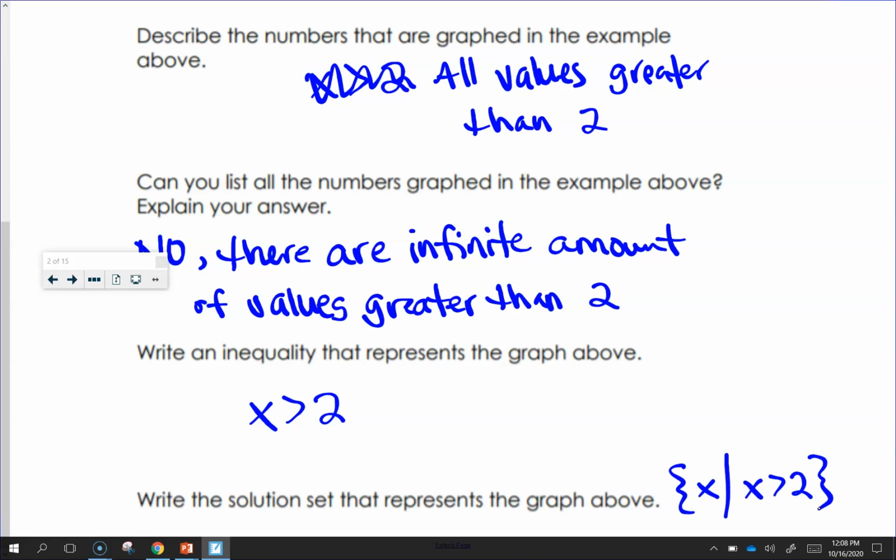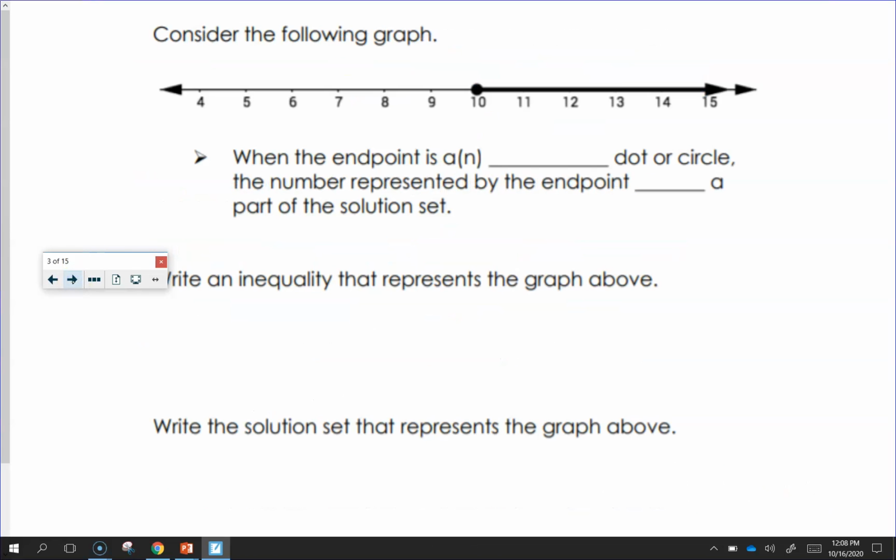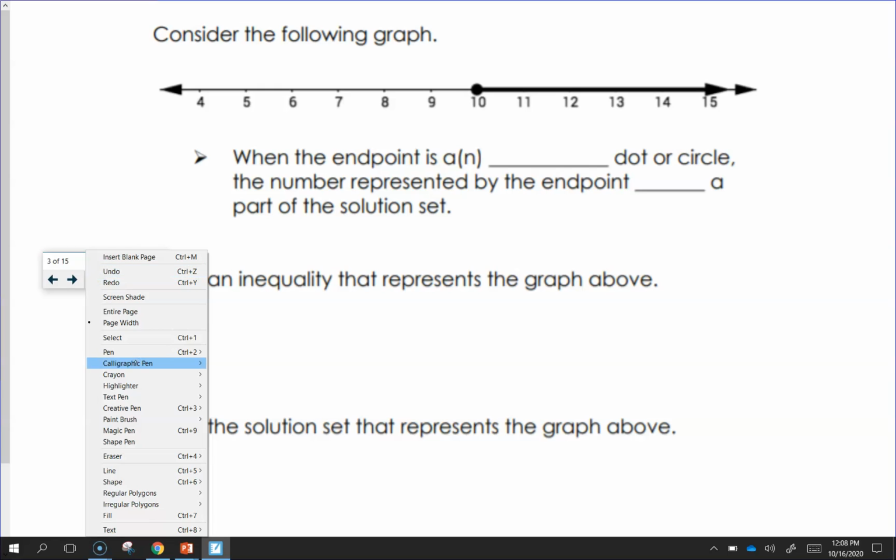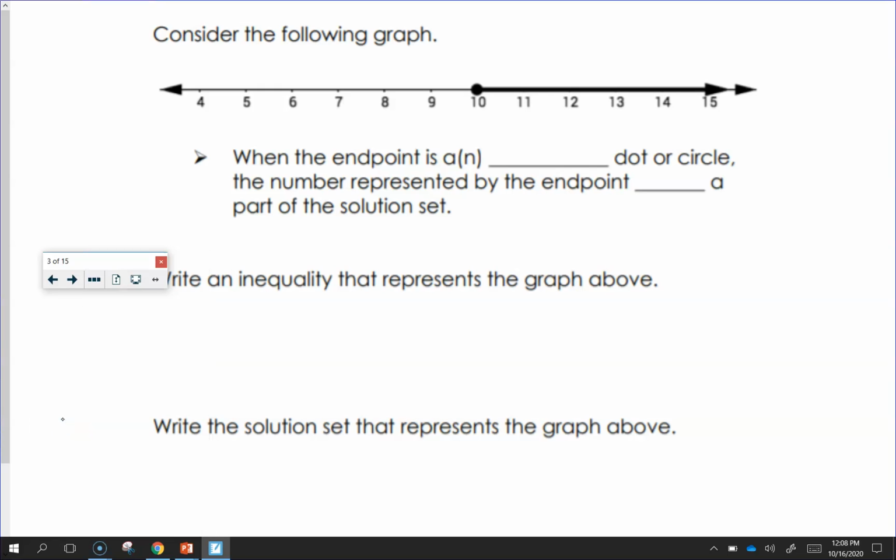All right, ready for another one? Yes. All right, this one. We have a number line. We have a circle. We have an arrow again. This time, how would you describe that circle? It is closed. Good. This is a closed circle. Notice it's filled in.